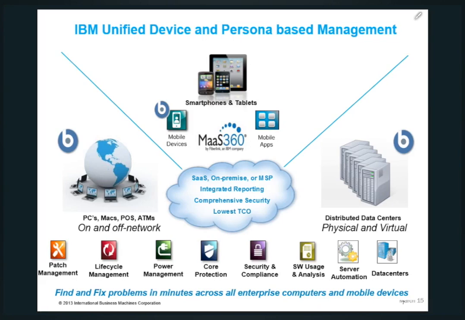MaaS360 is in the top right corner in the Gartner Magic Quadrant, as well as a leader in Forrester and a lot of the other research firms. We're tying this into our whole architecture, our unified platform, so we can manage all the mobile devices as well as all of your other type devices throughout your organization.